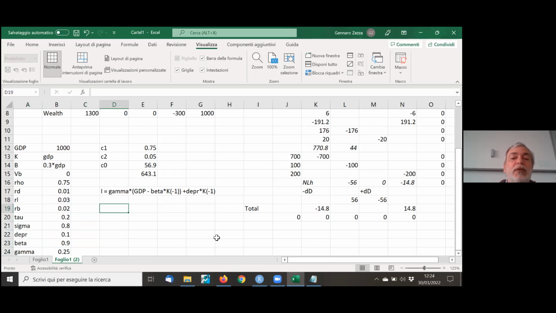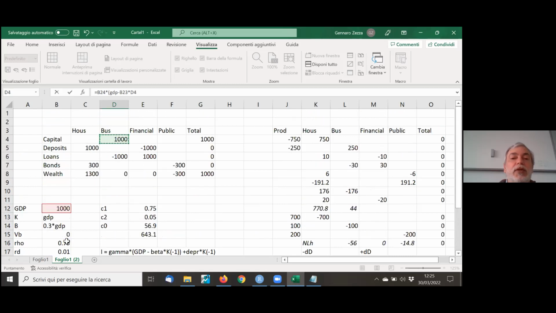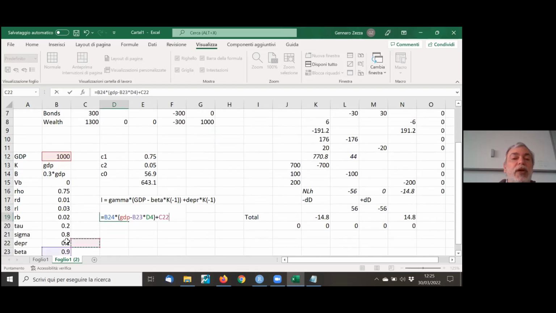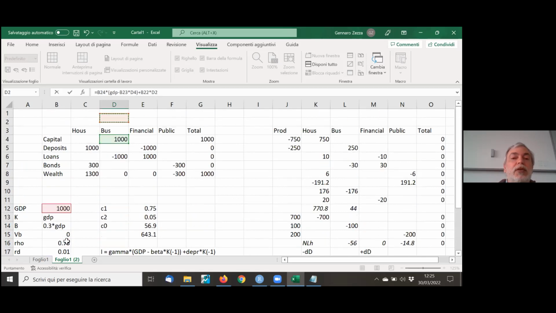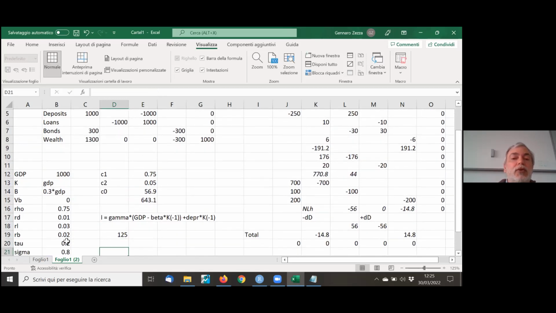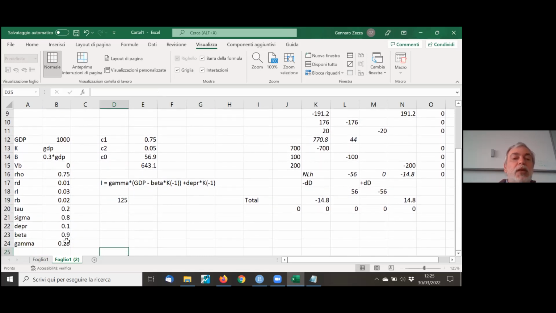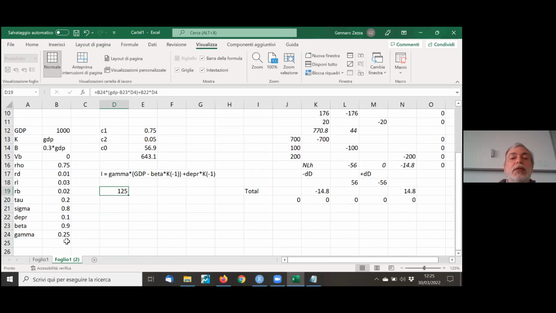So for these parameters, investment will be equal to this gamma times our GDP, minus this beta times the stock of capital, which I have in here, plus the depreciation rate times the stock of capital. So it's 125.